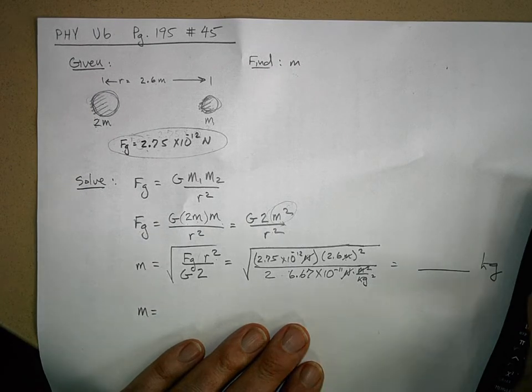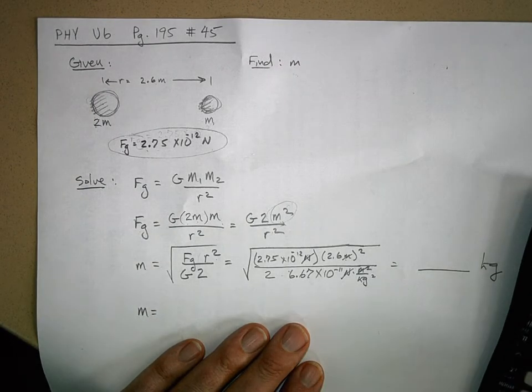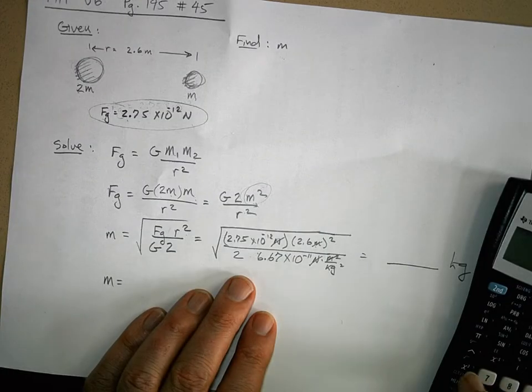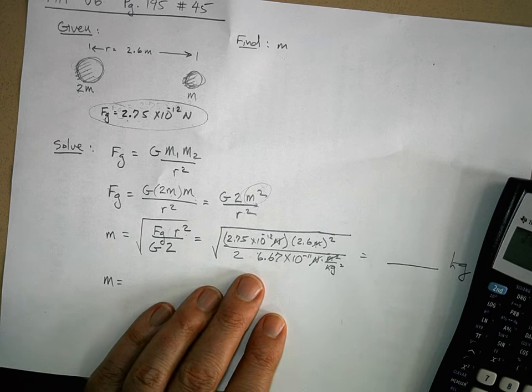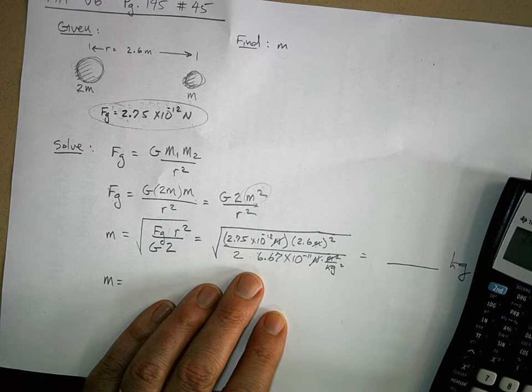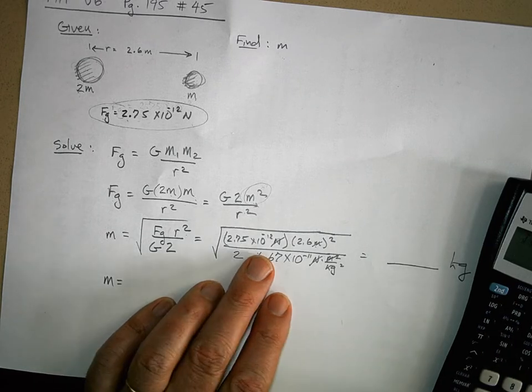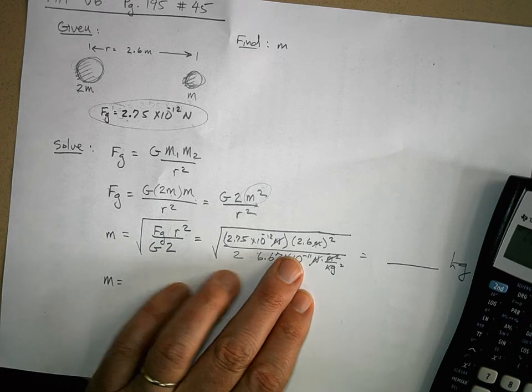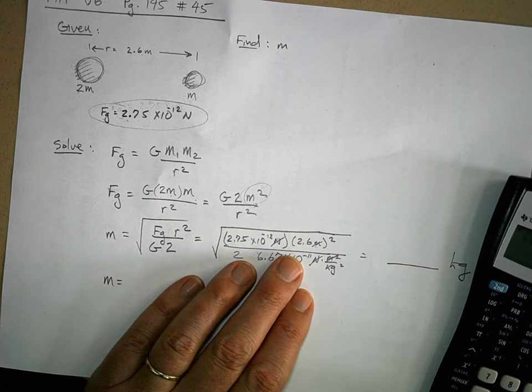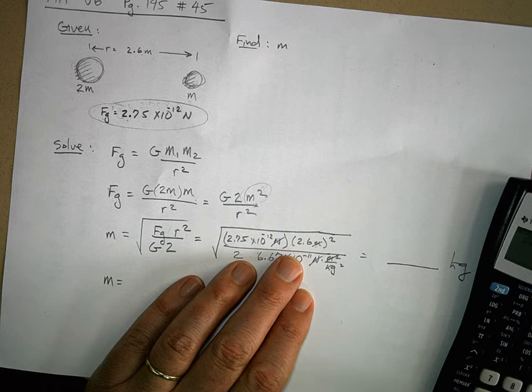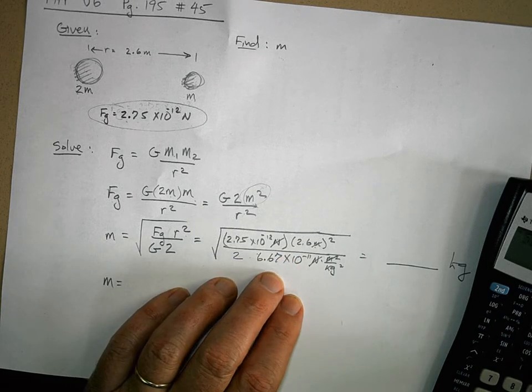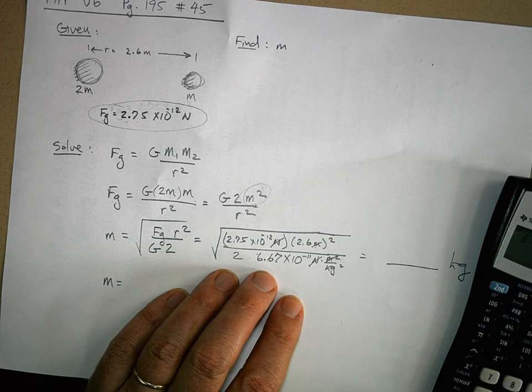So let's go. Let's turn my calculator on. So first I'm going to take the square root on my calculator. And don't be afraid to use lots of parentheses. So parentheses, 2.75 times 10 to the negative 12 times 2.6 squared, okay, divided by 2.